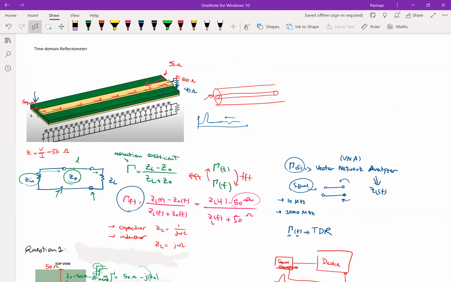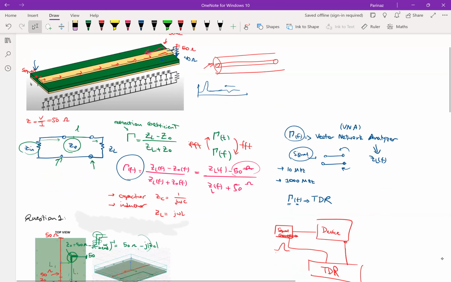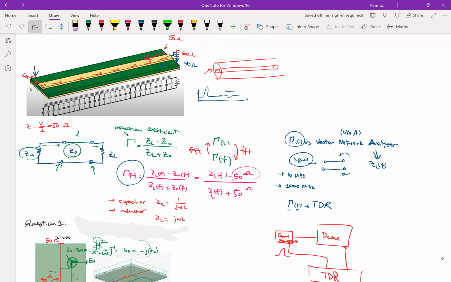What I forgot to say is that the practical application of this, besides signal integrity, is that there are a lot of handheld devices, and you can measure the TDR of a cable there. On that device, you can connect your cable to the TDR, and if you see a reflection signal coming back, based on whether it is positive or negative, you can decide if this is an open cable or if you have shorted something somewhere.